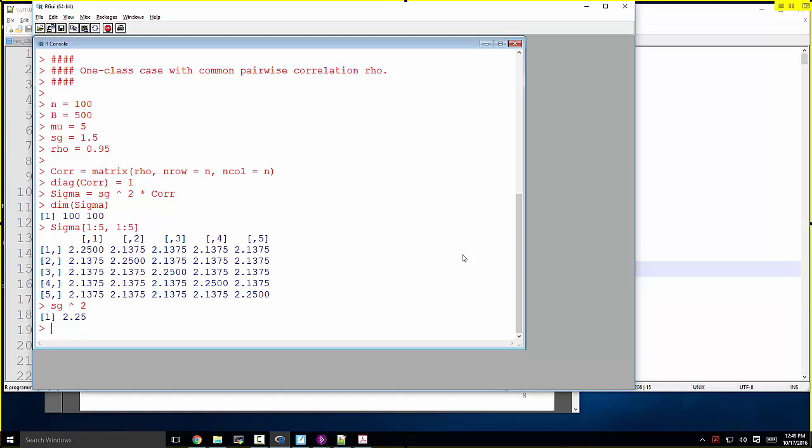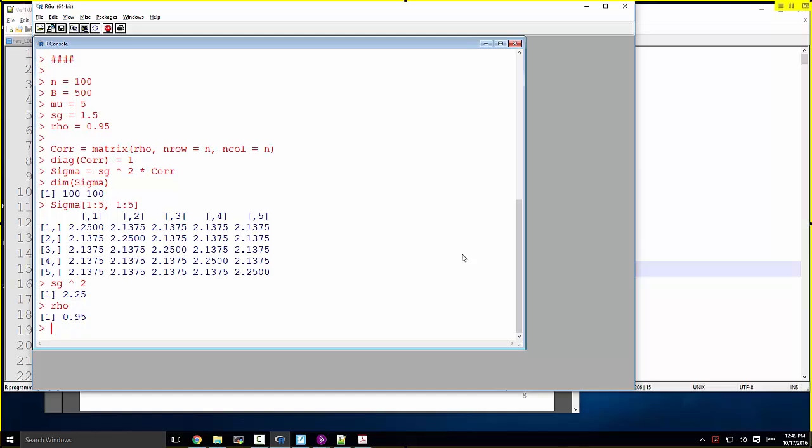The correlation between any two pairs is rho, and as we've seen in the notes, correlation is covariance divided by the product of the standard deviations. So that means the covariance is correlation times the product of the standard deviations.